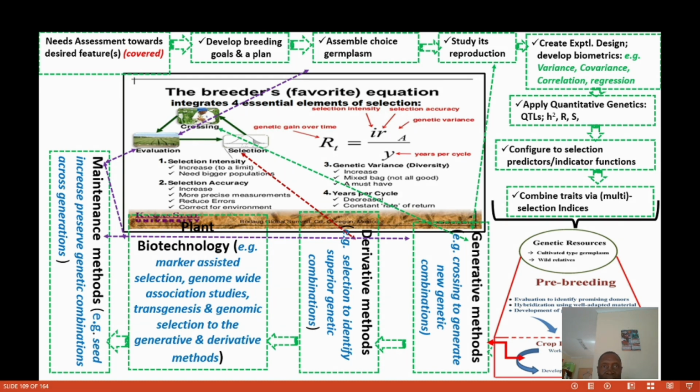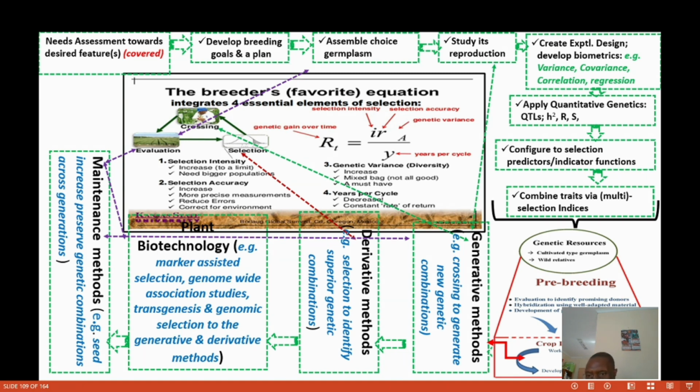This needs assessment is sometimes done through participatory rural appraisal, where views, preferences, and limitations are collected before you develop any goals and a plan for breeding.